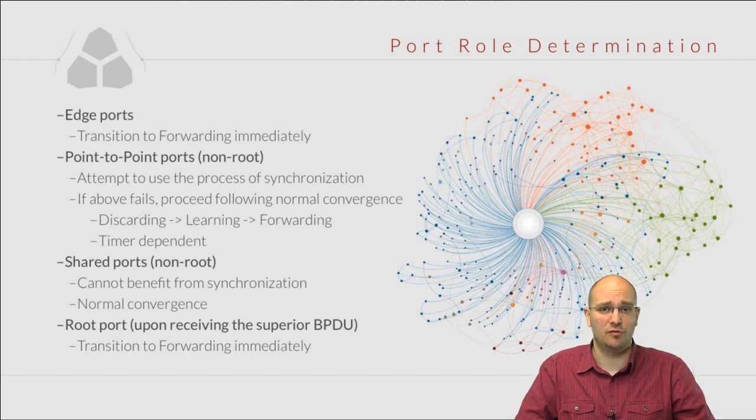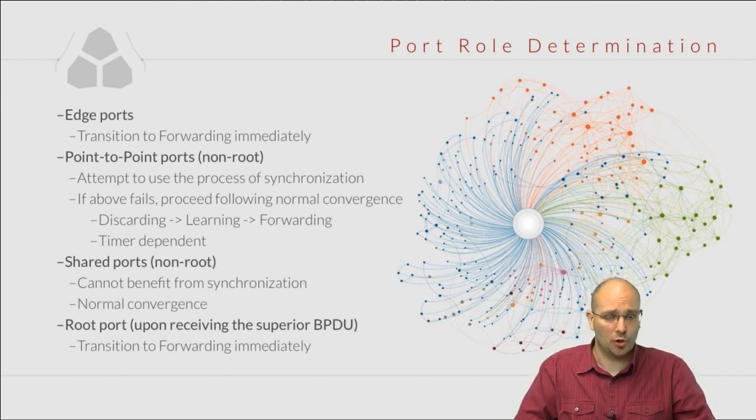If the synchronization fails, the port will need to go through the normal convergence process. That means that it will have to transition from discarding state to learning state and finally to forwarding state. And this is timer dependent. In discarding state and learning state, it will need to spend a certain period of time. In learning state, it will have to spend at least the forward delay period.